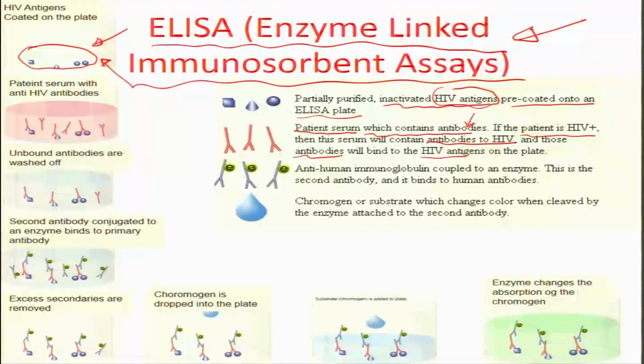So, we put the patient's blood serum, which contains these antibodies, and let us say he is infected. These antibodies have gone and started binding, and it binds with the anti-HIV antibody, okay, which is raised in the patient's blood.